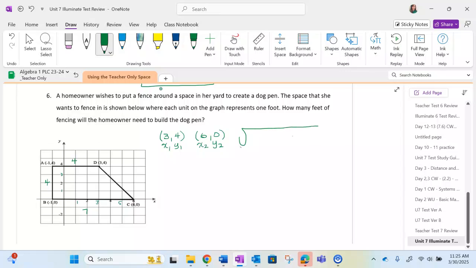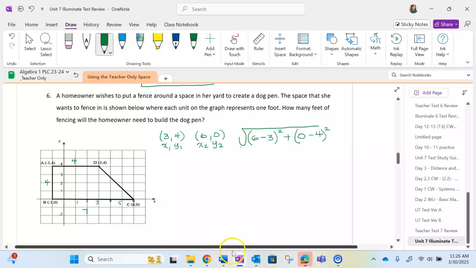So square root. Remember the formula is x2 minus x1. So it's 6 minus 3 squared plus y2, 0 minus 4 squared. Put this into Desmos. Let's go look.